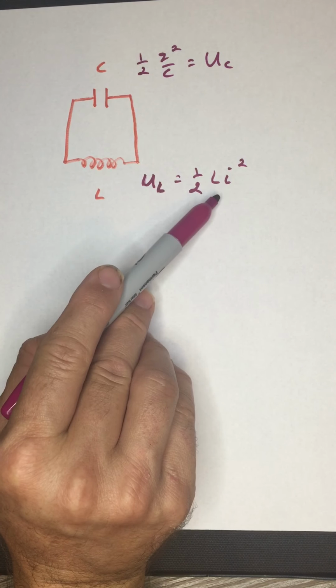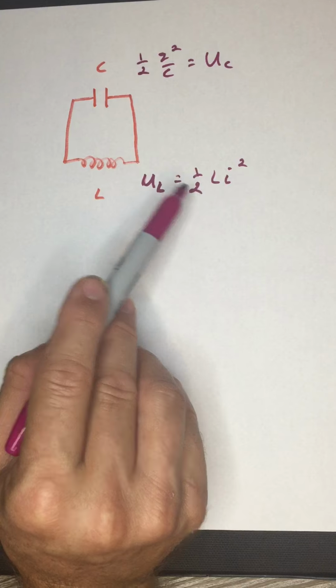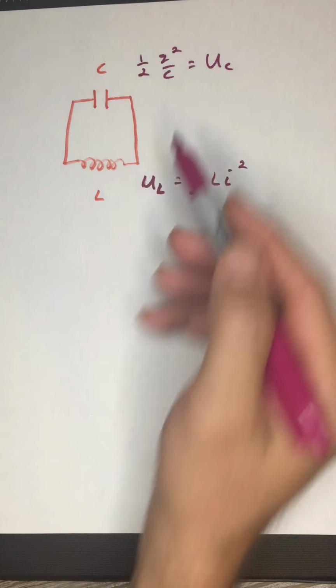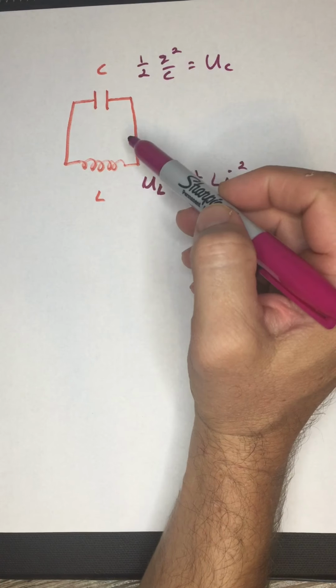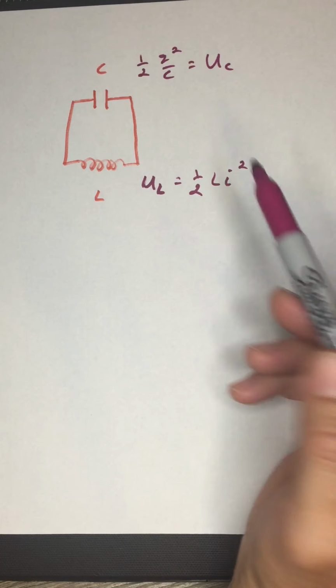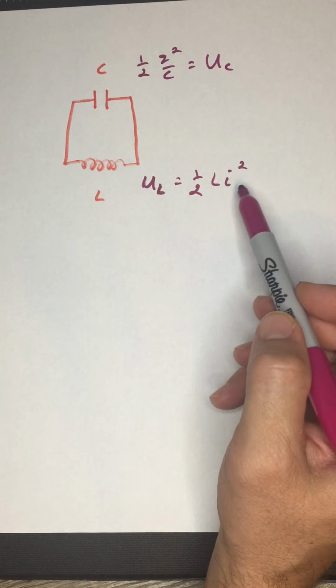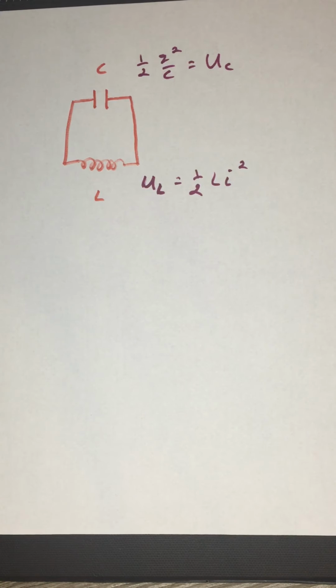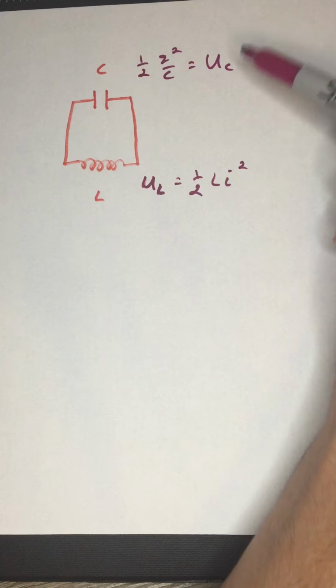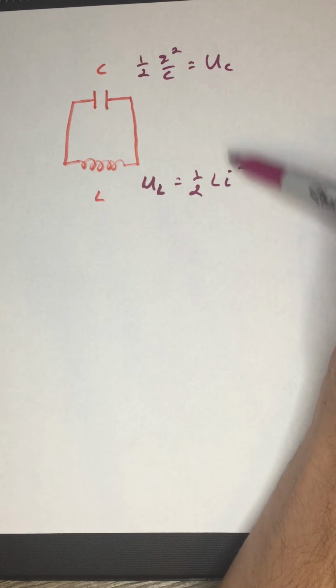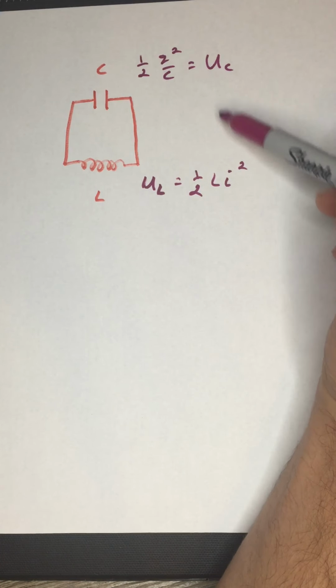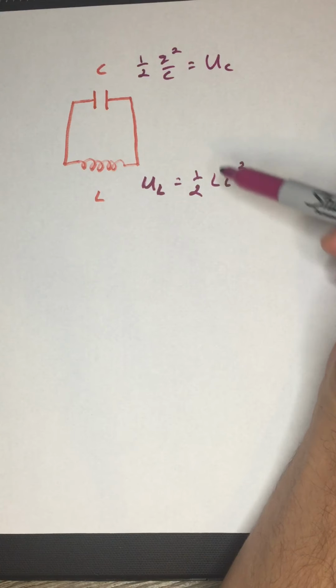The little i indicates that the current changes in time. Of course, at its max value, I would substitute that with a large Q, and that's the total charge on the capacitor. At its max value here, I would substitute a capital I, and that would be the max energy stored on the inductor. But as it is, at any given point, the total energy can be found by adding up these two.